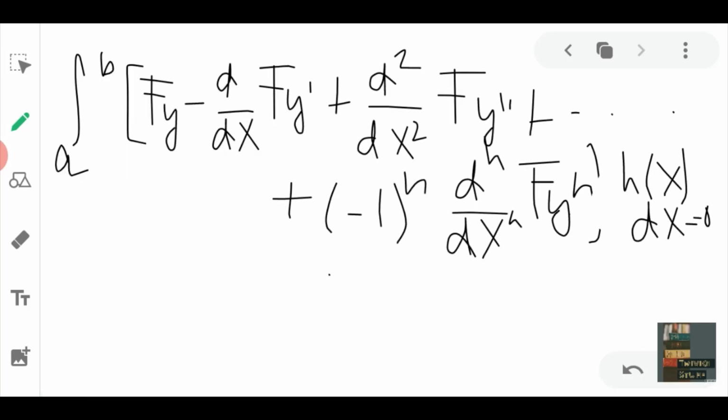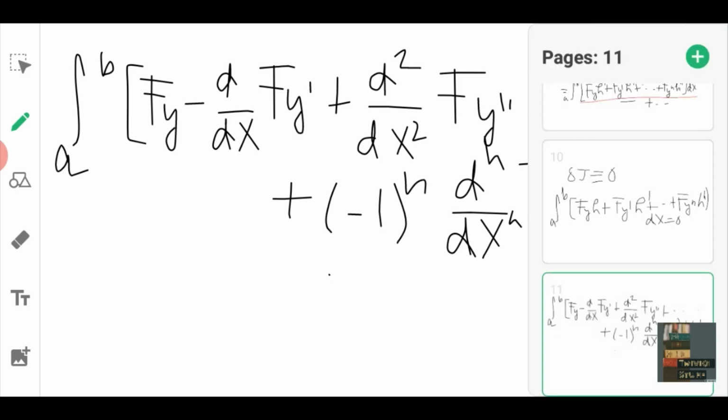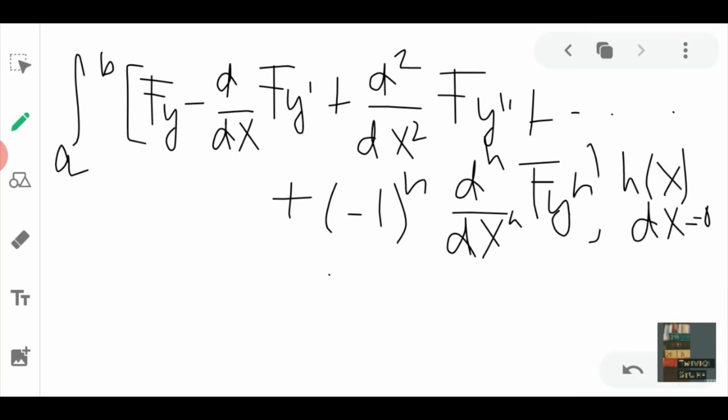That's what we get, which is true for any h of x with n continuous derivatives which satisfies the boundary conditions of h. And because it's true for all h of x, this integrand, F sub y minus d over dx and so on, must identically equal 0.